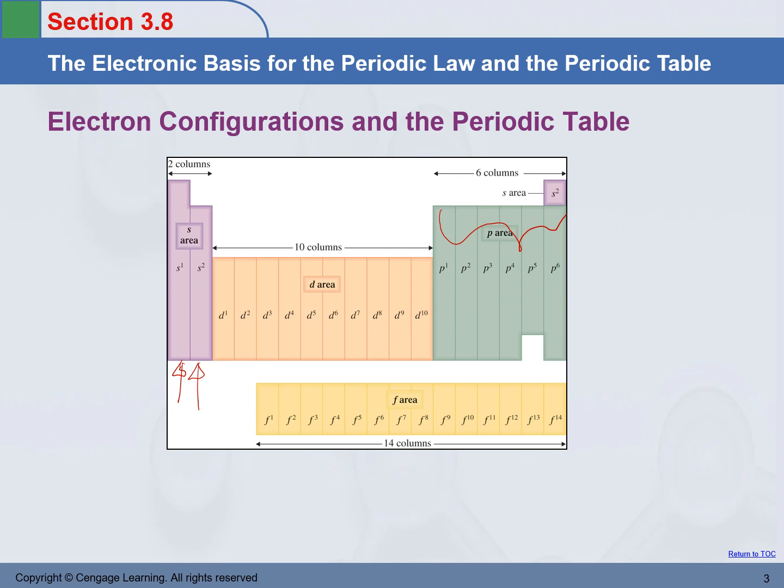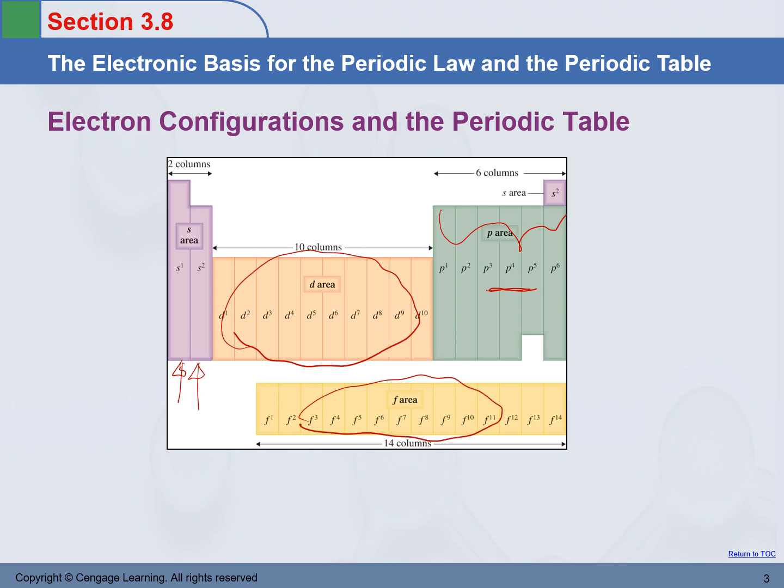So we call the first 2 columns in the periodic table the S area. This is called the P area. As a matter of fact, if we dig into the electron configurations of all other elements, this area will be called the D area. Electrons are filling in their D subshells, and this is the F area.